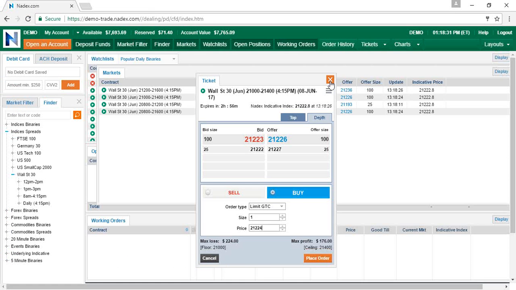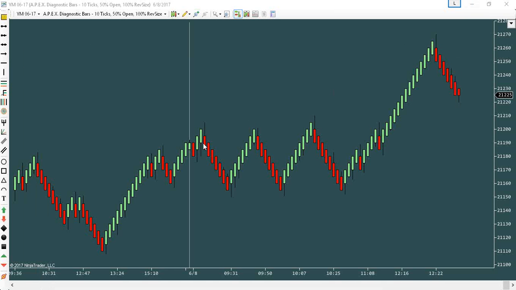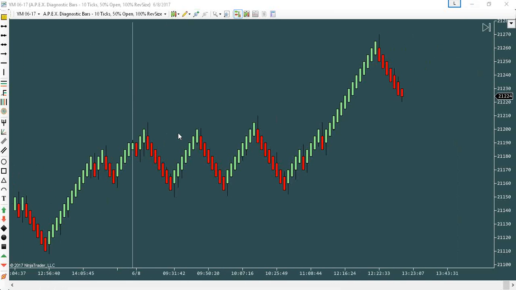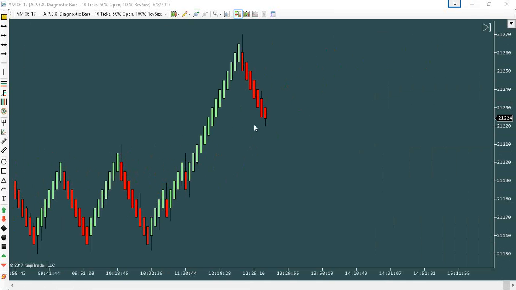Well, if I'm managing my trade, what do you think I'm going to do? Let's say I got into a spread because I think the market's going to go up. I see the market come up, pull down, come up a little higher, pull down, come up, pull down. I think this is going to be another retrace and the market's going to go up, so I want to buy a spread and make $1 a tick as it goes up.